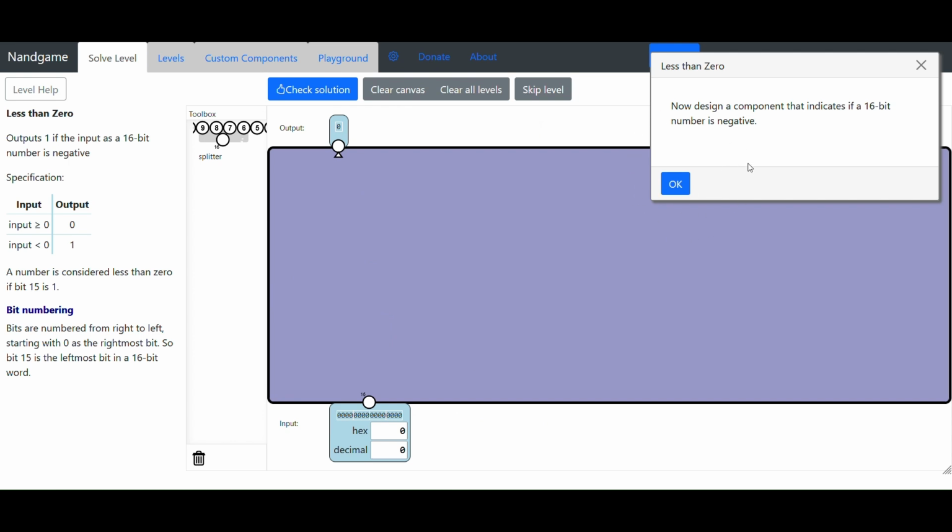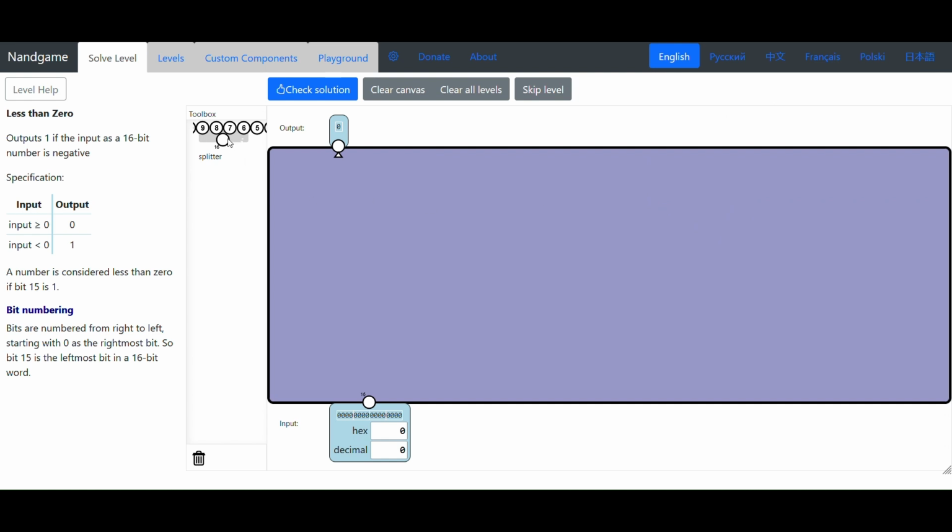Now design a component that indicates if a 16-bit number is negative. Okay, this should be pretty easy. We talked about signed bits before, where the most significant bit determines if a number is negative, which means we have a splitter here, which will allow us to access all of these bits, which means I think we only really need to connect it here.